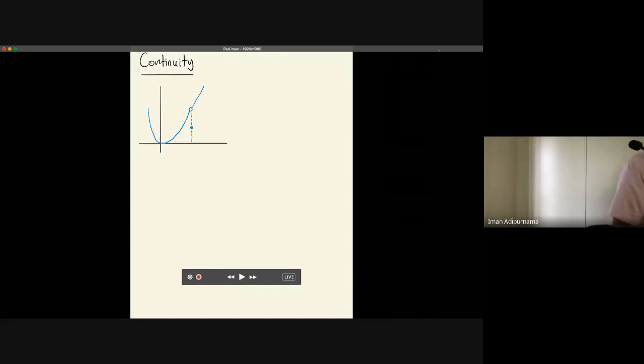We know from the previous session that this kind of function has a limit, right? Even though when you plug in the number, it will be different from the limit value. First, we need to recall the definition of this discontinuity. This is called a removable point or hole discontinuity.